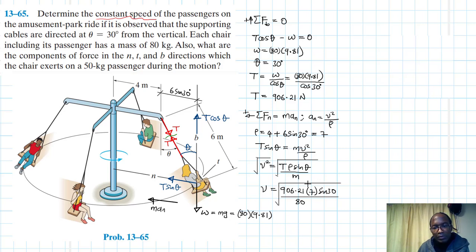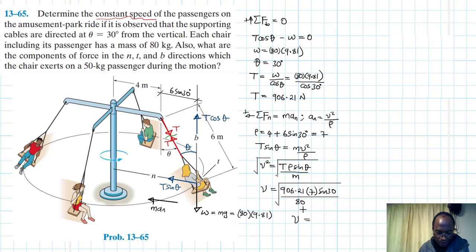Like so. So once we calculate that, then we'll find that our V, this constant speed, is equal to 906.21 times 7 times sine 30 divided by 80, then square root of that.